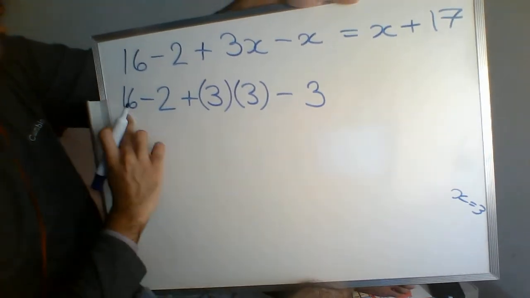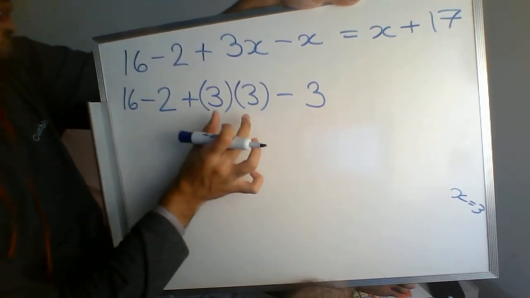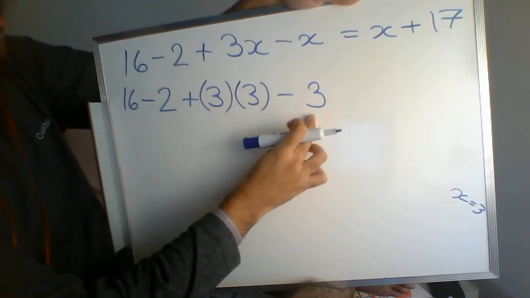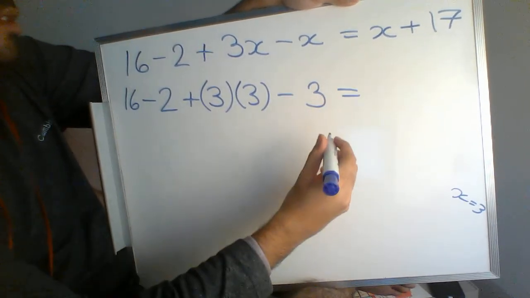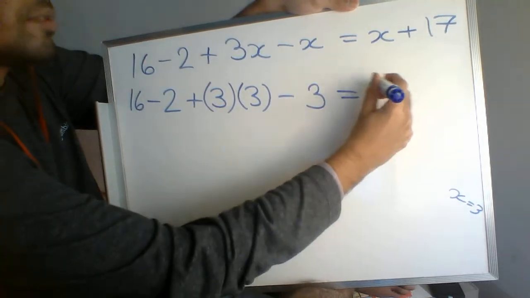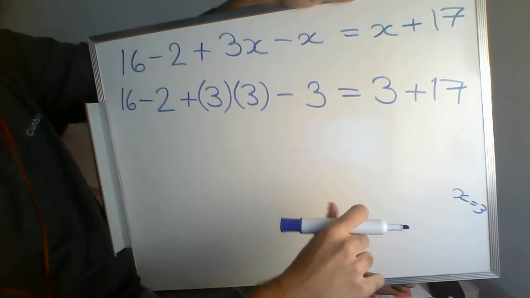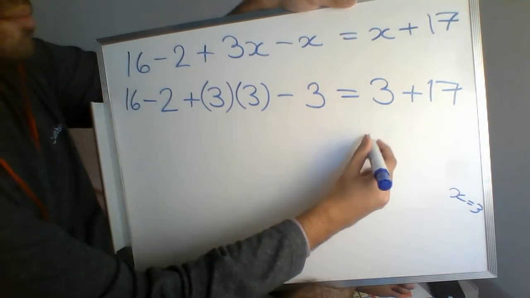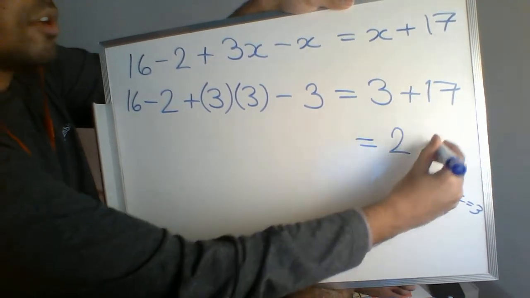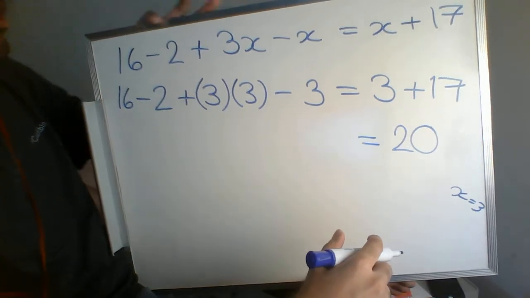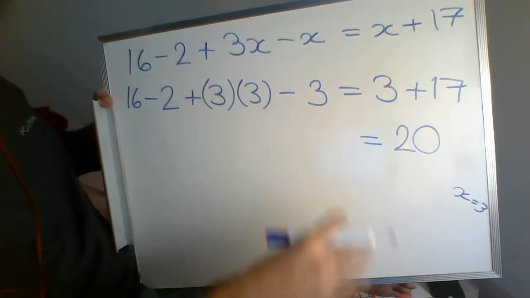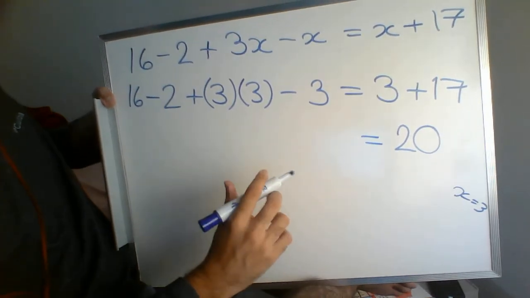Alright, so that's the left side. 16 minus 2 plus 3 times 3 minus 3 is equal to x, well x is equal to 3 plus 17. Well, we know that right side, 3 plus 17 is 20, so, oh, this is looking like the last one, that it should be 20 equals 20 again. But so that side is 20, so that's our target.